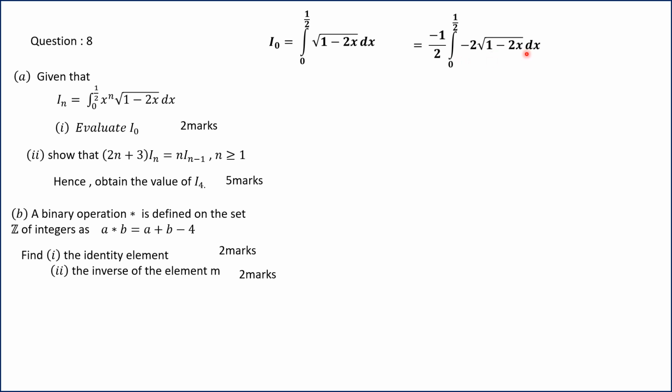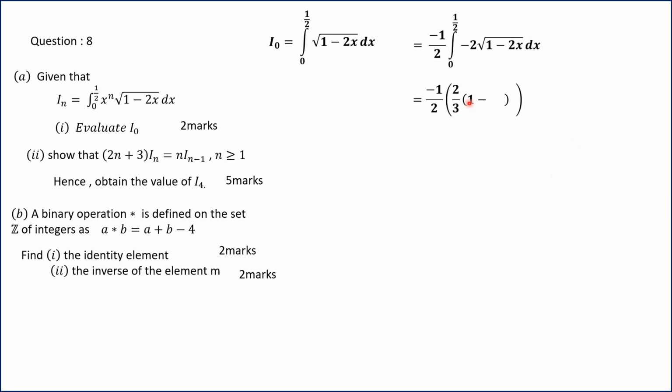If you have a function raised to some power and you find that the derivative of the inside function is simply what you have outside of that integral, then to integrate that function you simply add 1 to the power and divide by the new power. So now let's do that.